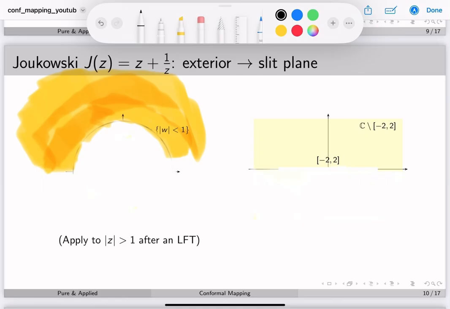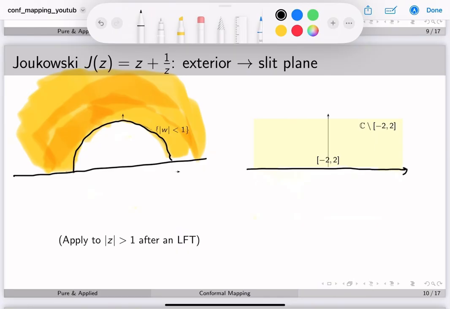For example, when we speak of flow, and we have some physics problem, studying the flow in, let's say, the exterior of the unit disk in the upper half plane could be harder than studying it here in this domain, which is the upper half plane.